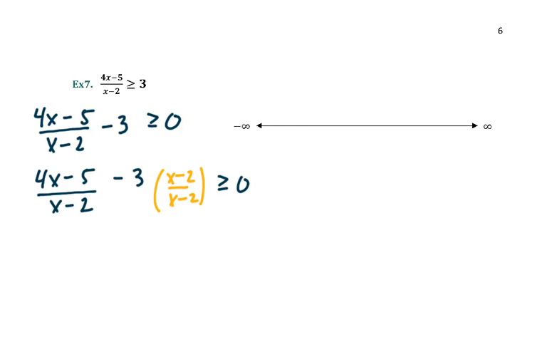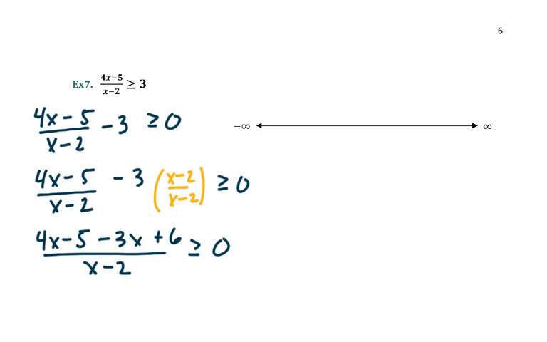What I'll end up with once I do that multiplication is 4x minus 5 minus 3x plus 6 over x minus 2 greater than or equal to 0. Combining like terms, I end up with x plus 1 over x minus 2 is greater than or equal to 0.